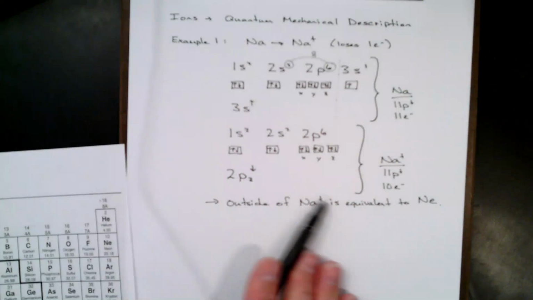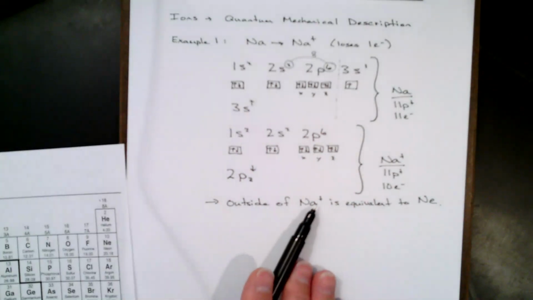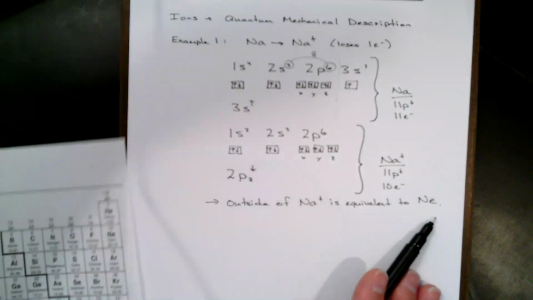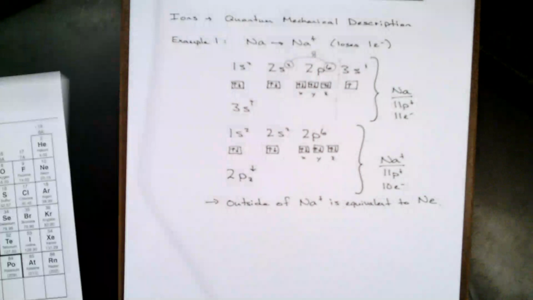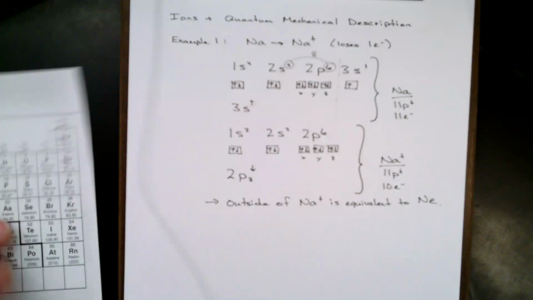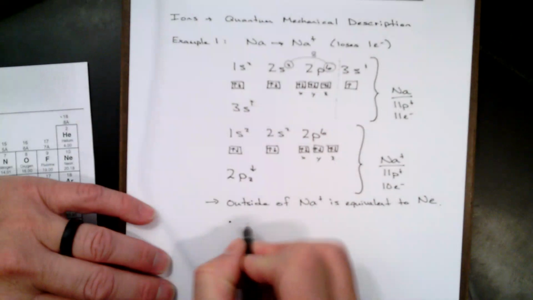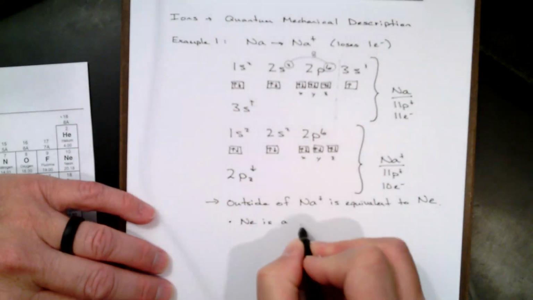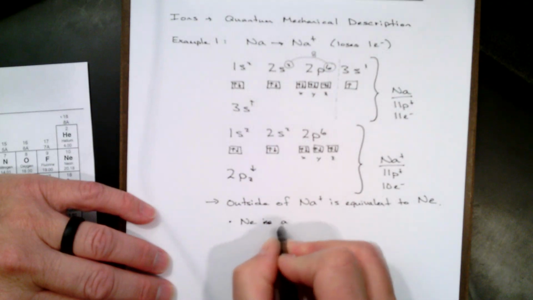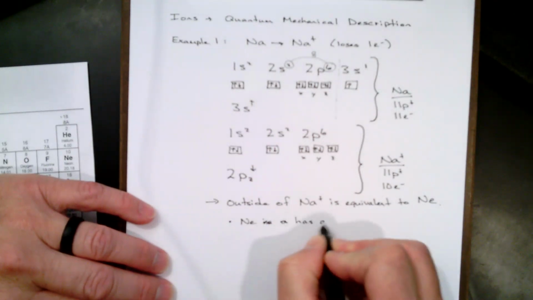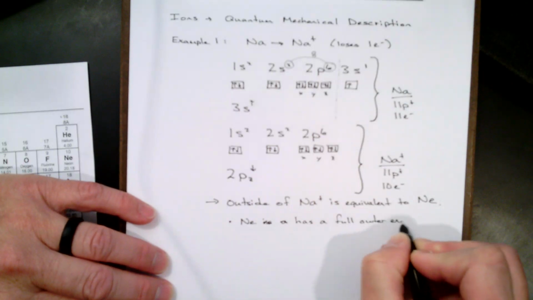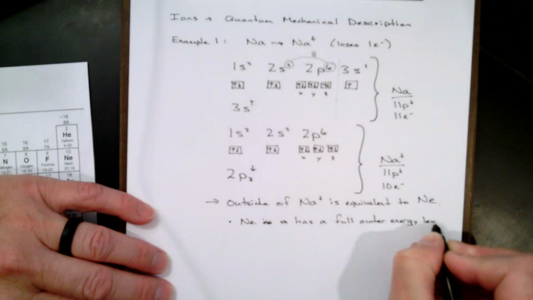Why does Na try to turn itself into something that on the outside looks like Ne? What is the purpose of that? That's because Ne has a full outer energy level.